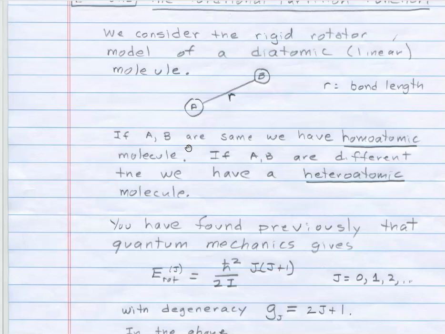If A and B are different, maybe CO, carbon and oxygen, then we have what's called a heteroatomic molecule. They're both diatomic molecules, but one has the same atoms and one has different atoms that comprise the molecule.